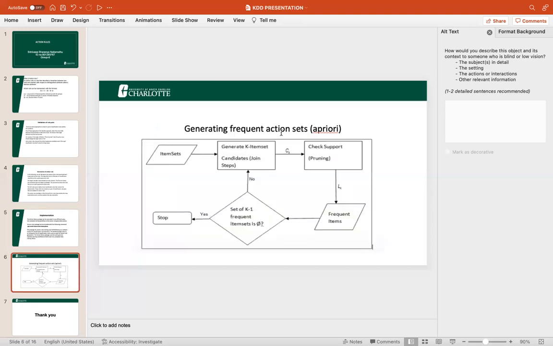And next is the generation of frequent action sets, in which, at first, we scan the transaction database to get the support S of each item set. Compare S with the minimum support and get the set of frequent one item sets.